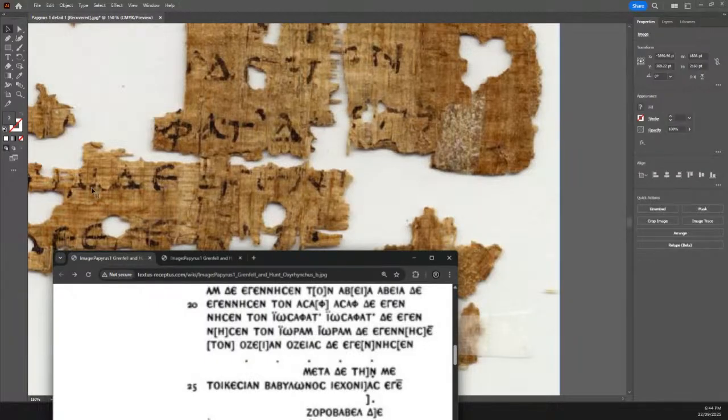So it says there Agenes, and then it's like the eta and the sigma are missing, and then it has an eta with a line above it. So I guess that's what they're assuming is there, which is interesting.